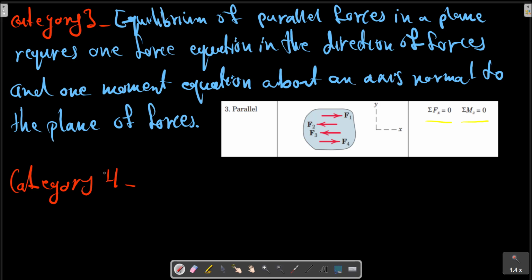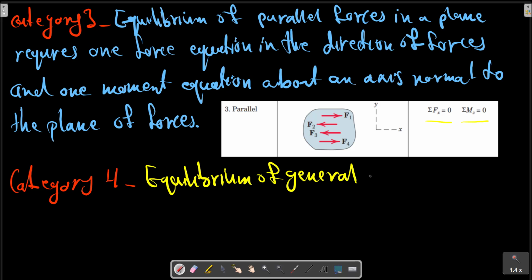General equilibrium of a general system of forces in a plane.